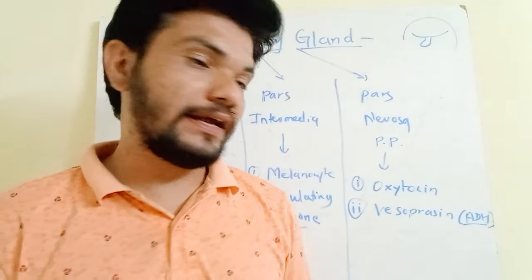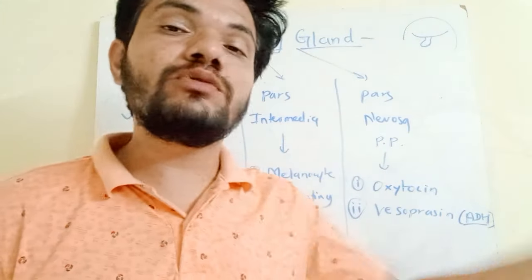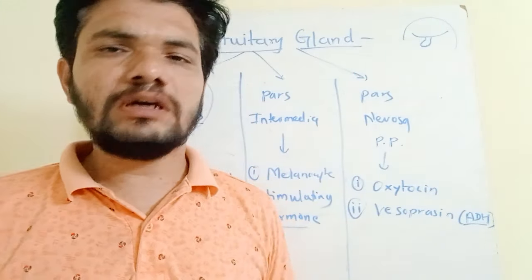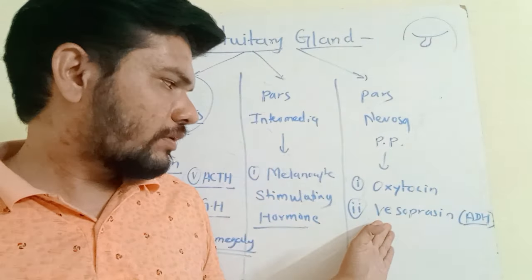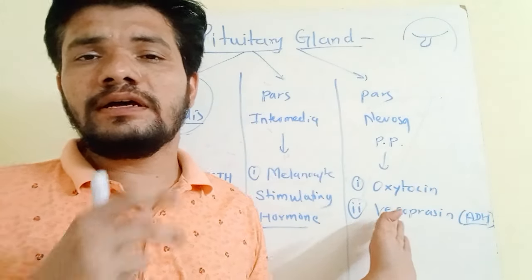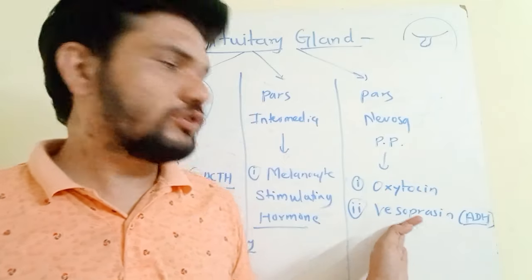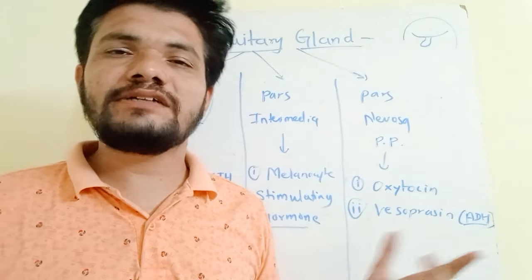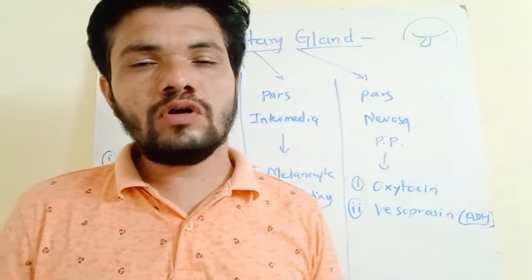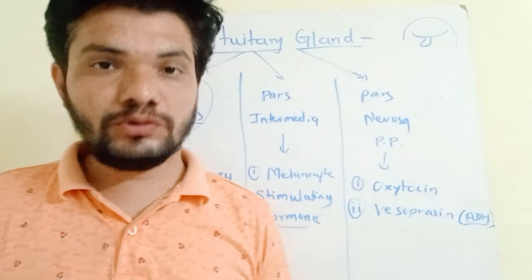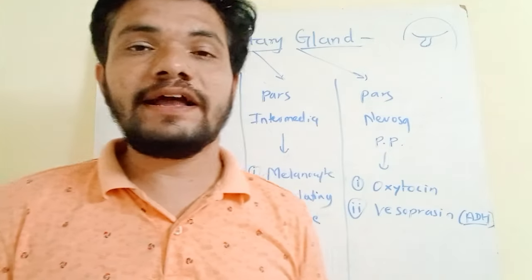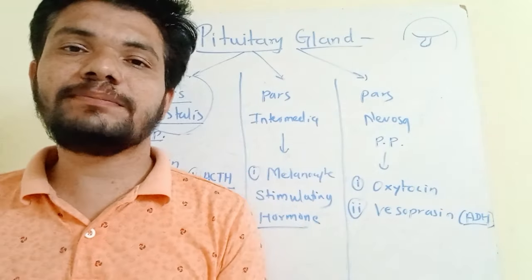That's why we are calling it anti-diuresis hormone, right? Some people do not release so much vasopressin, so they lose so much water through their urine, which is called diabetes insipidus.